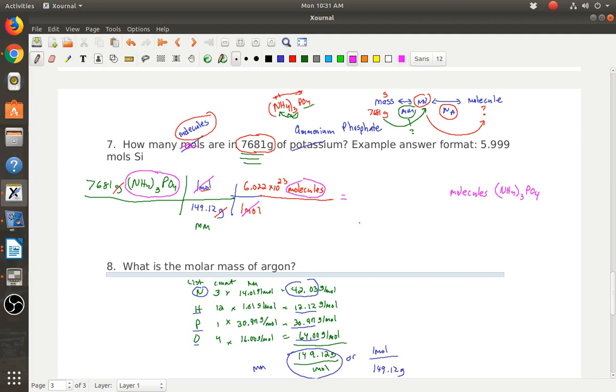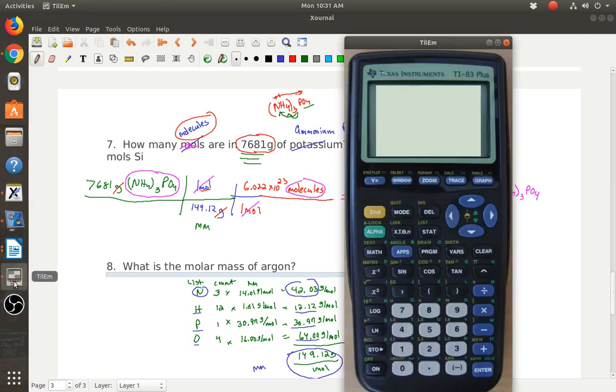Okay, so I just got to do the math, and I'm going to show you one more time how to do that. All right, so 7,681 divided this time by 149.12. That would have told you the moles, but I'm not going to do anything yet until I get to the end.